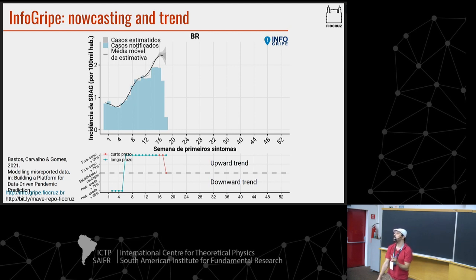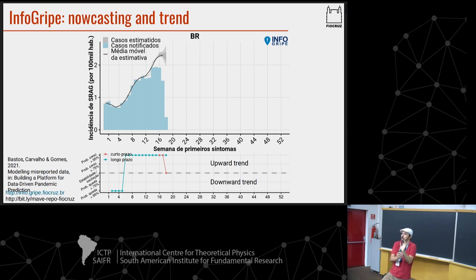If the probability of being positive is above 95%, this is an extreme indication that, yes, things are going up. If it's above 75% but below 95%, I say, well, it's very likely that it's going up, but I don't have as strong an indication.